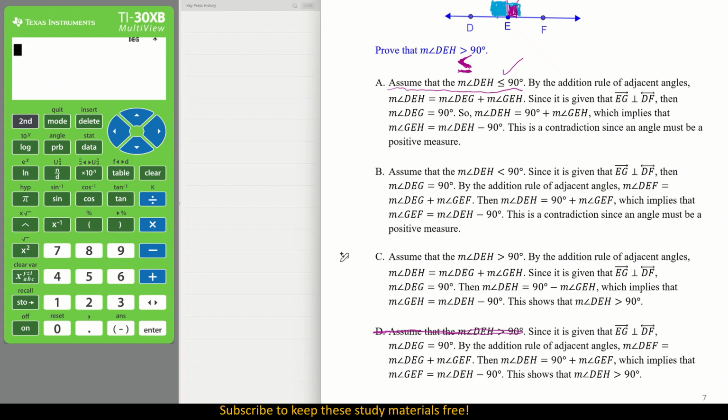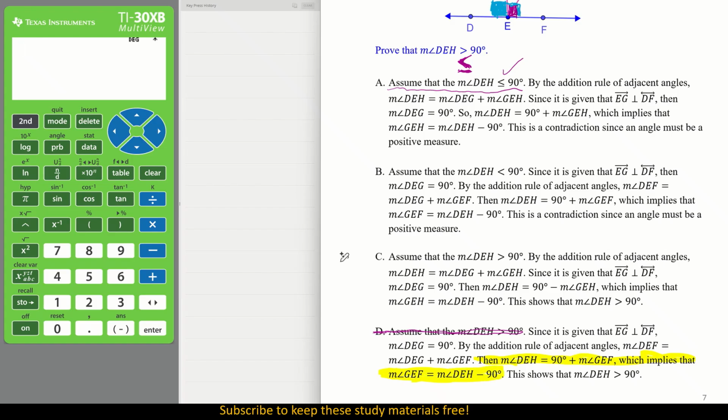Let's look at the last part of it. It says, this shows, they create an assumption. So what are they saying it shows? Then the measure of DEH equals 90 plus DH, which implies that, no, this part right here is not true. This is a contradiction.